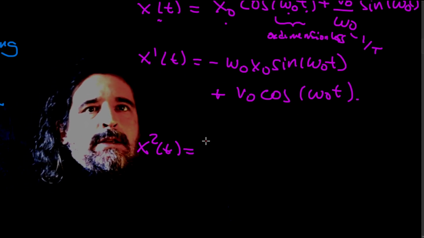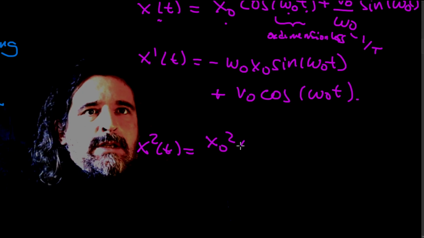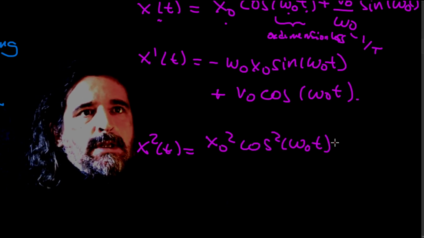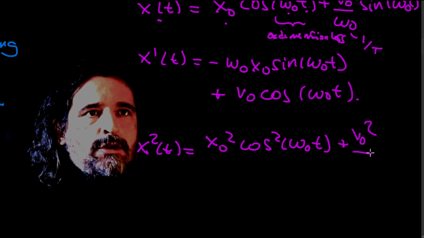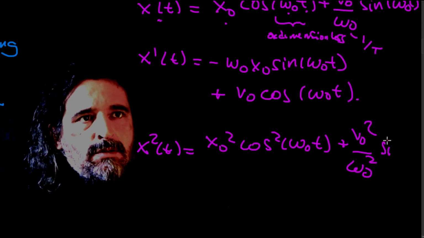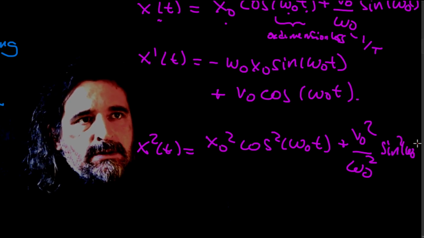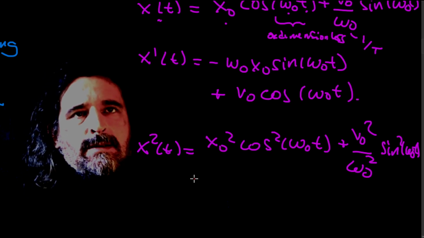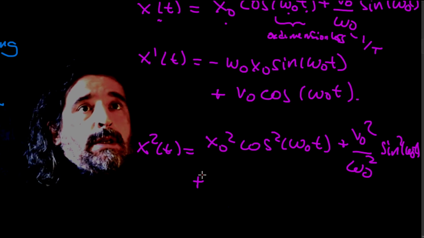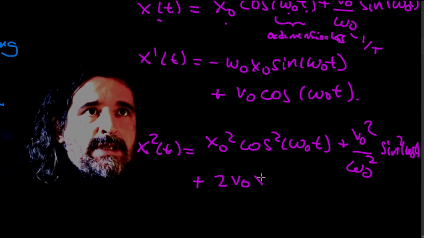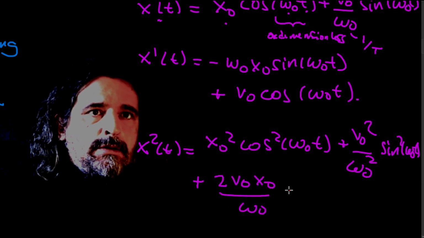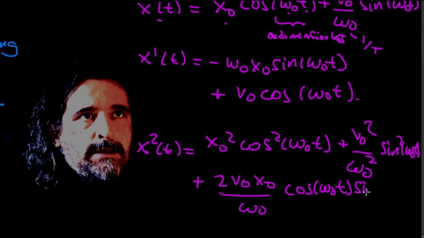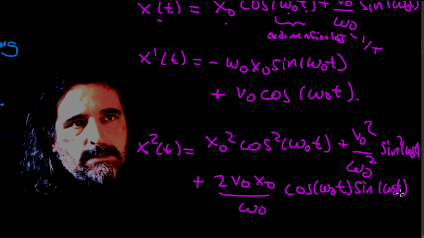Well, it's gonna be x naught square cos square omega naught t plus v naught square over omega naught square sine square of omega naught t plus 2 v naught x naught over omega naught cos omega naught t sine omega naught t.